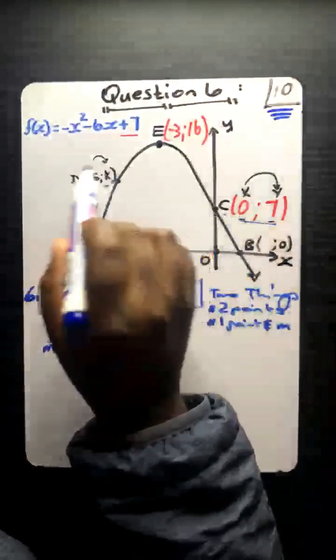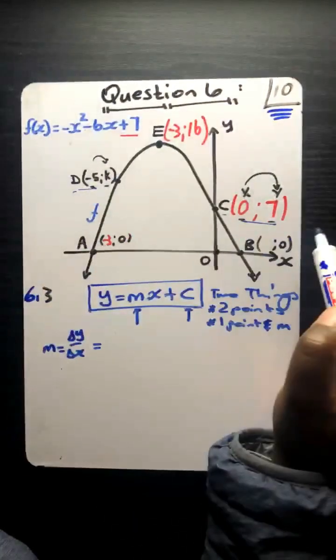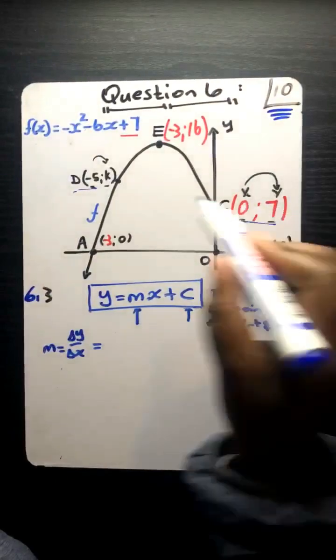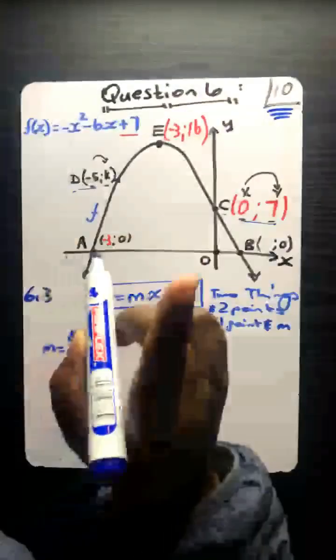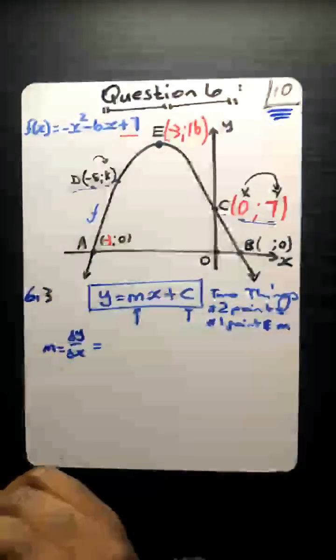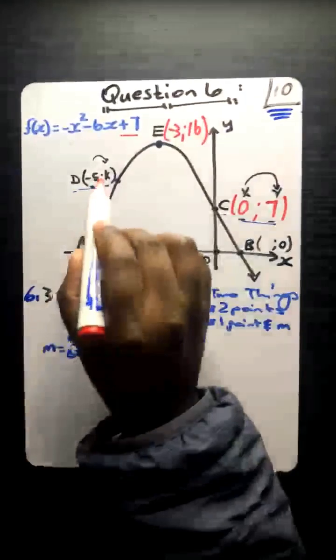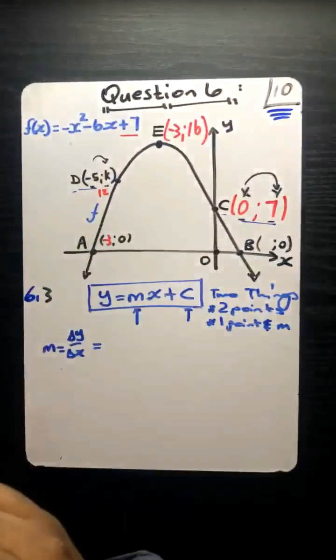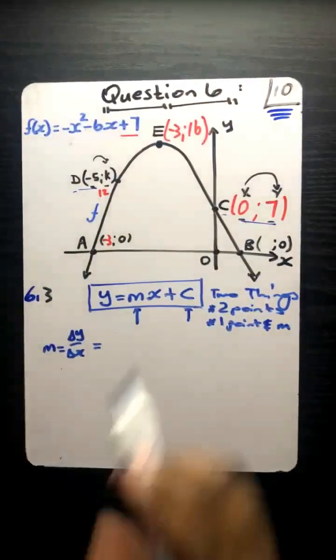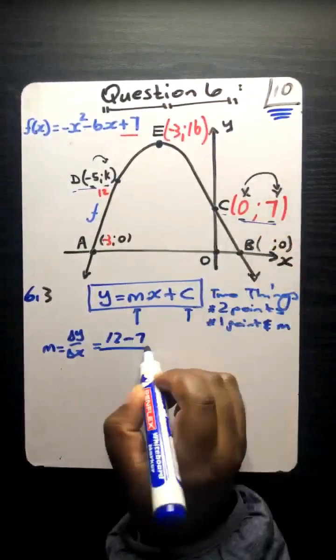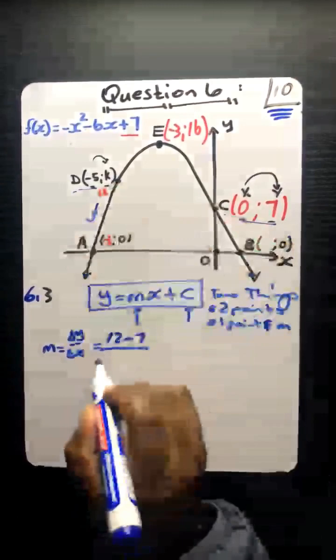Did we calculate Y2? Yes, we did. Honorable member said the value of K is equal to 12. So that means there we are having 12 minus 7, divided by, there we are having -5 minus 0.